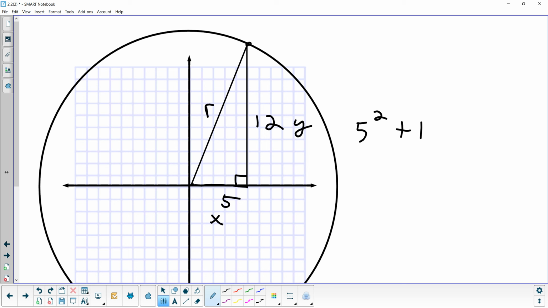X squared plus y squared equals r squared. What's 5 squared? 25. 12 squared is 144. And if I add 25 and 144, what do I get?